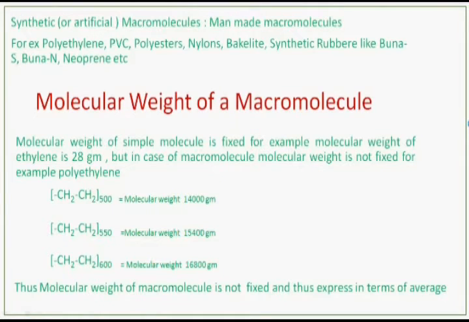Whereas if the value of N is 550, then molecular weight is 15,400 grams. Whereas if the value of N is 600, then molecular weight is 16,800 grams. Thus, molecular weight of a macromolecule is not fixed, and thus it is expressed in terms of average.